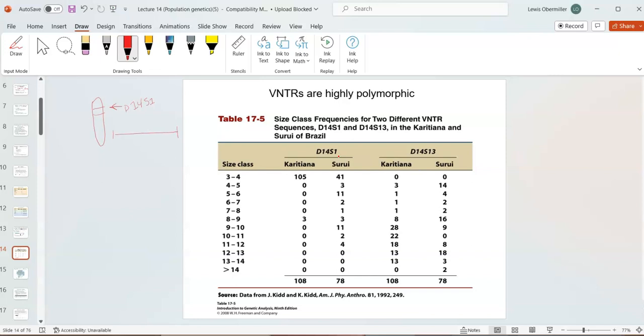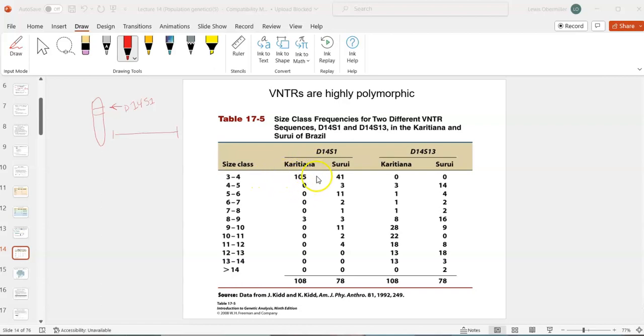I'm not sure exactly what the repetitive sequences are. Actually, let me look it up. I wasn't able to really find it. All I could find is that it's an RFLP region and that it's on chromosome 14. But anyway, it doesn't matter. We could just say it's AT or whatever. It could be a trinucleotide repeat. But there's this number of repeats.